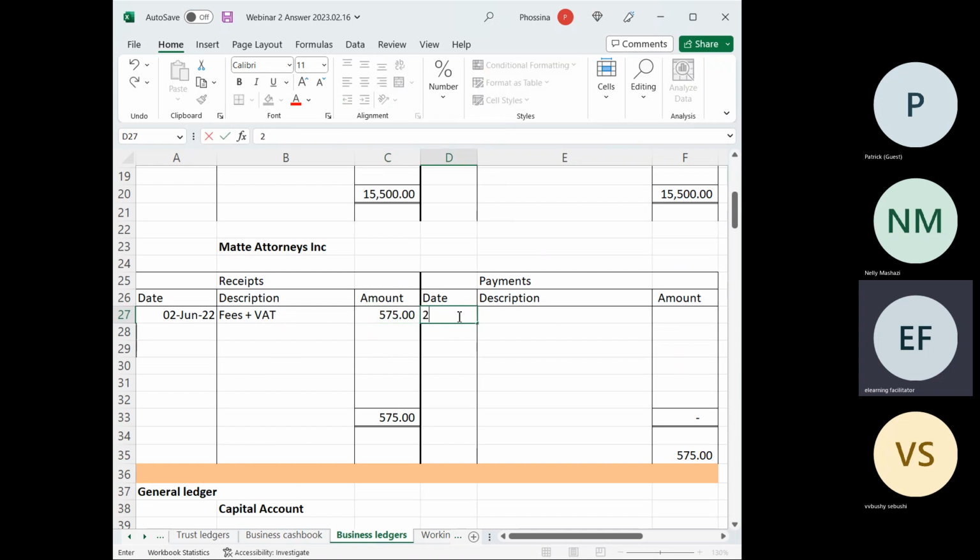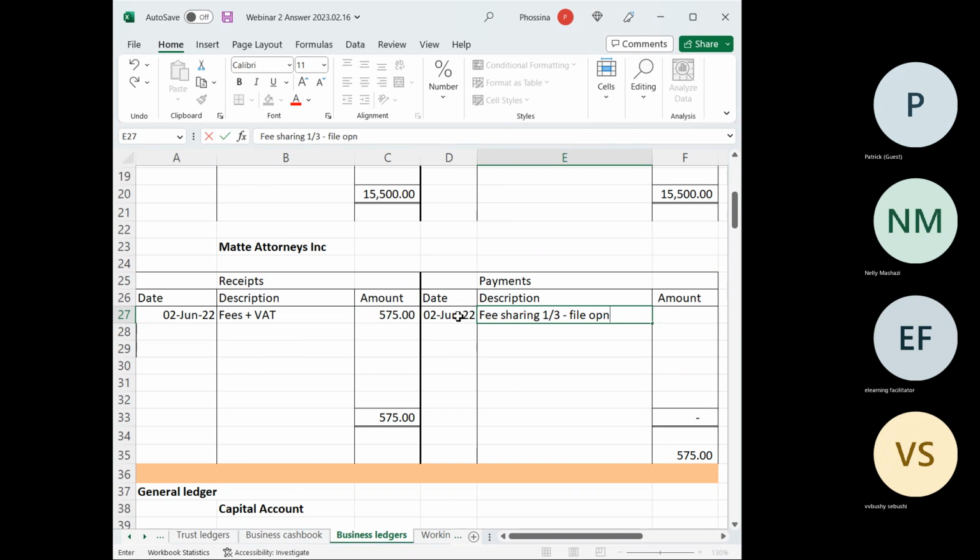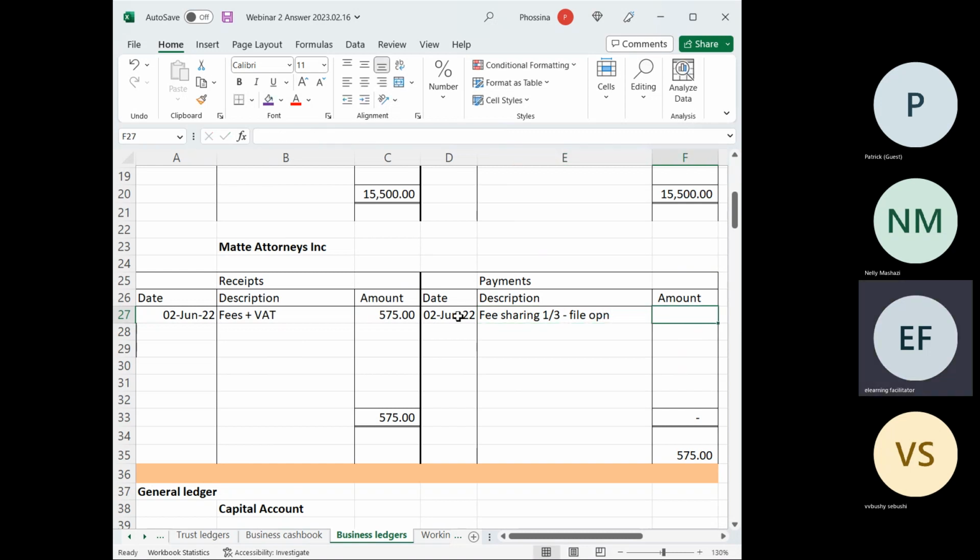But if we are not going to receive the full 575, it means we also need to show the fee sharing and the VAT sharing. 1/3 file opening, like that. So what we can do, we can show, we can calculate the fee and the VAT separately, or we can just come and calculate everything inclusive.